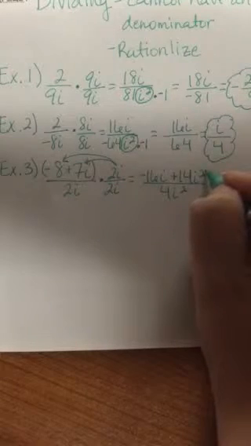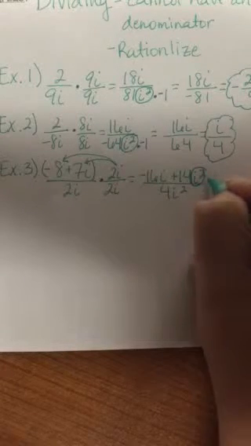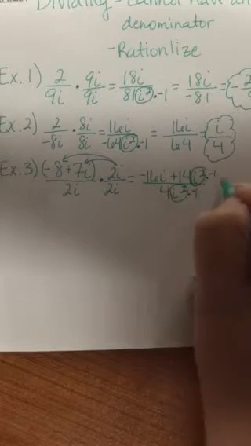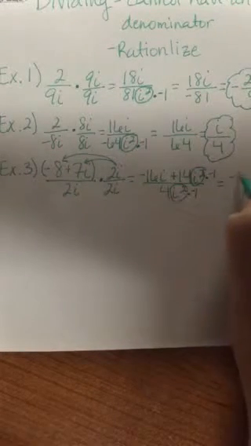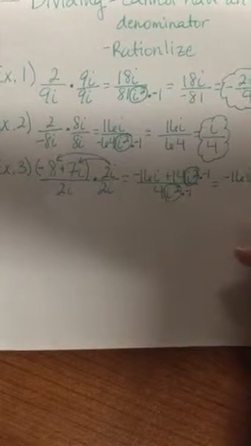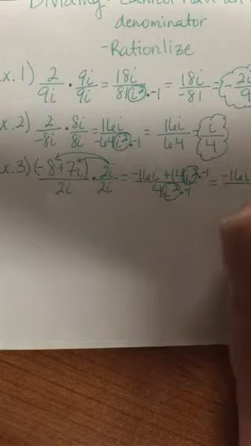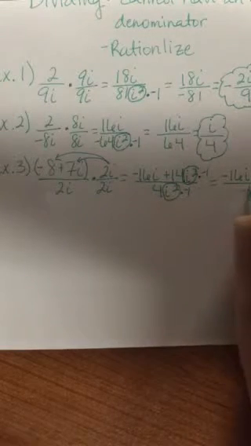So we have to simplify a few things. So we're going to have i squared here, which is times a -1, i squared here, which is times a -1. So I end up on the top with -16i. 14 times -1 is -14, so we're subtracting that, and 4 times -1 is -4.